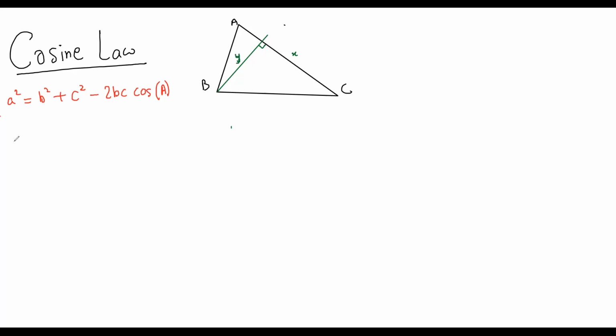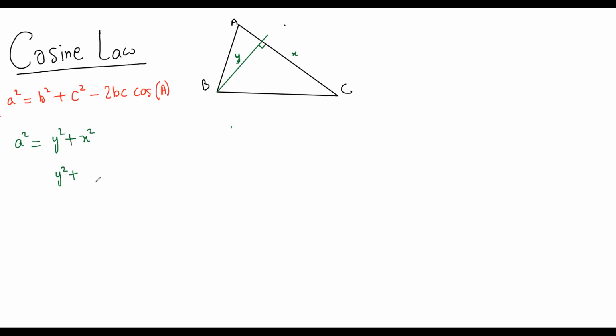So what do I know? This is the easiest case. We're reducing it to the easiest case. A square is equal to Y square plus X square, right? But then this is not enough. We need to go to the other side. Y square plus, so this thing here, right?